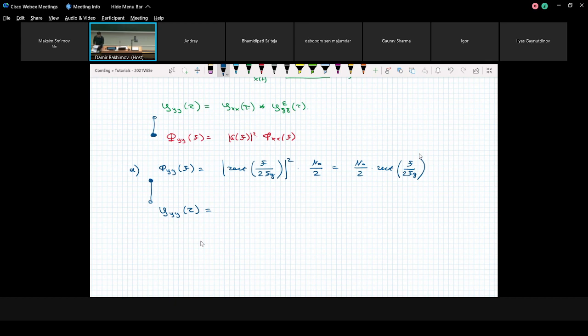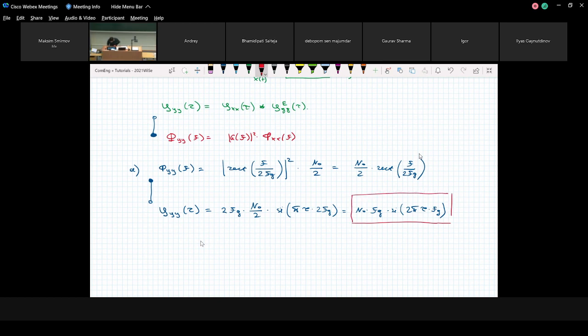In one domain we have a rectangular shape function, and in the opposite domain it will be a sinc function. So we get the function fg times N0 times the sinc function of 2 pi fg tau. That is our autocorrelation function, corresponding to our power spectral density. Very simple.